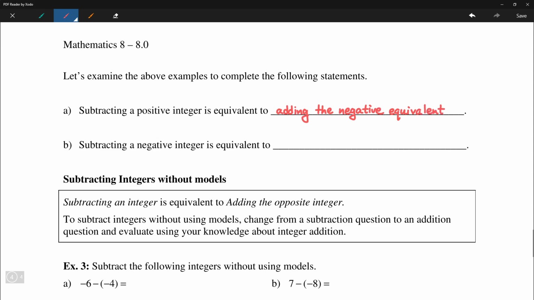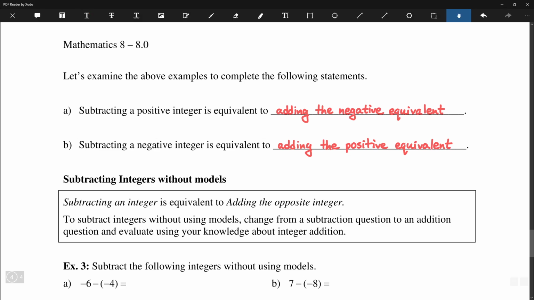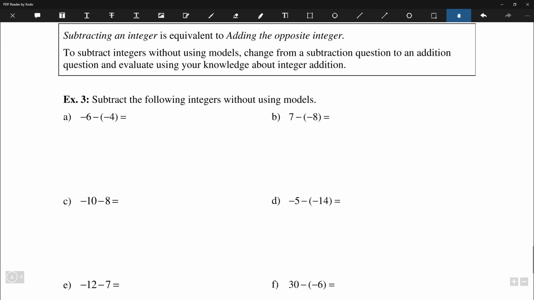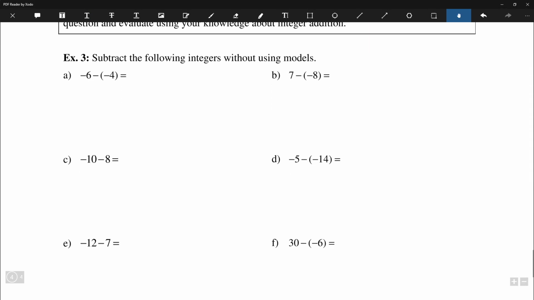And subtracting a negative integer is the same as adding the positive equivalent. Which means now we should be able to subtract without using models. Okay, let's look at the first example here.